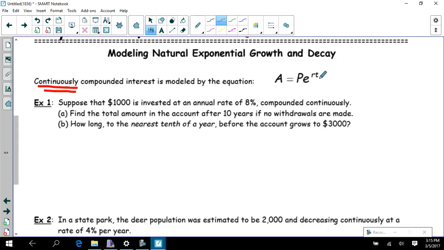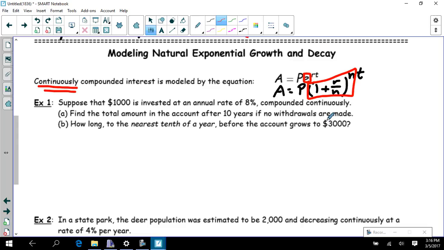Now look at how that's related to what we already know. The formula for compounding in the past has been P times (1 plus r over n) raised to the nt. From what I showed you at the beginning of the day, if I plugged in infinity for n, or looked at what happens to this piece as n goes to infinity, it becomes e.